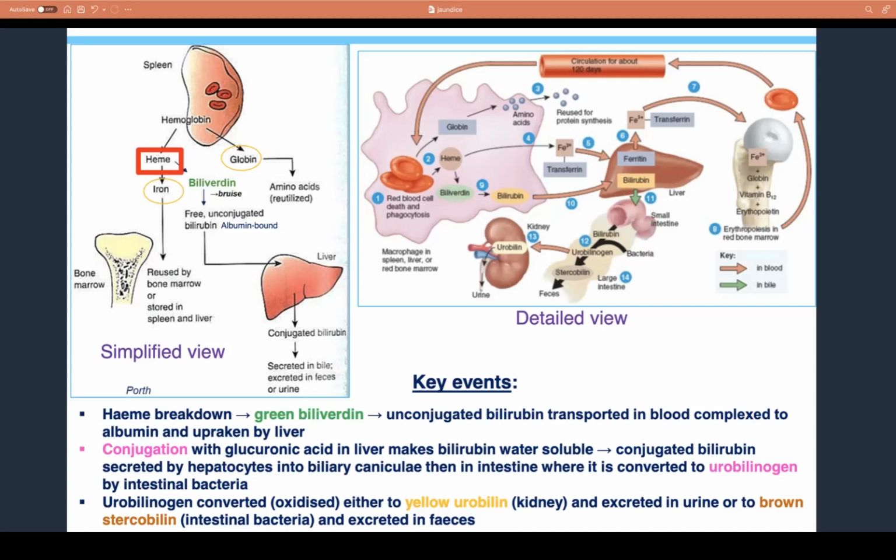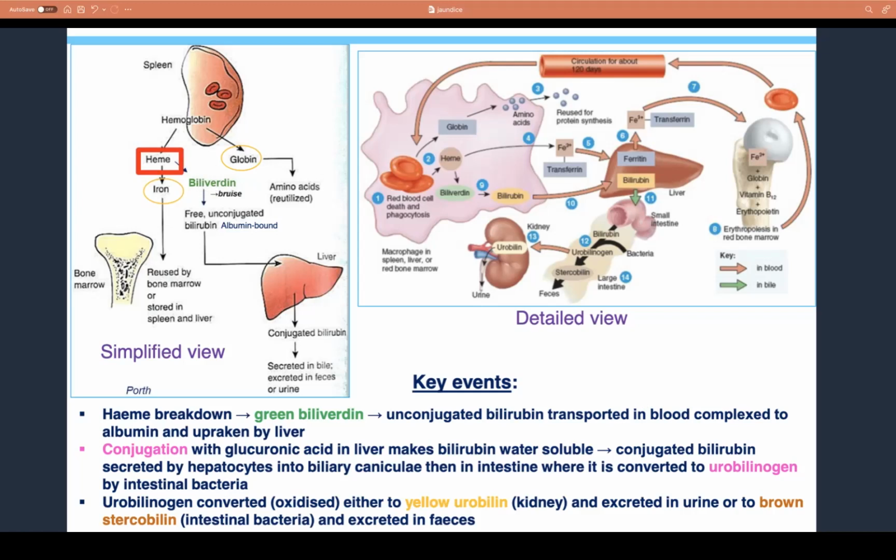The hemoglobin component of the red blood cell breaks down into heme. And while the globin gets recycled for amino acids and reused for protein synthesis, the heme component breaks down into iron, again reused by our bone marrow or stored in our liver or our spleen, or it could be broken down to biliverdin.